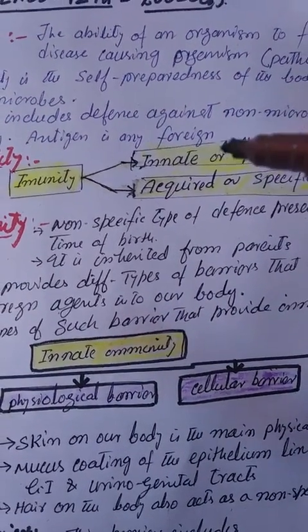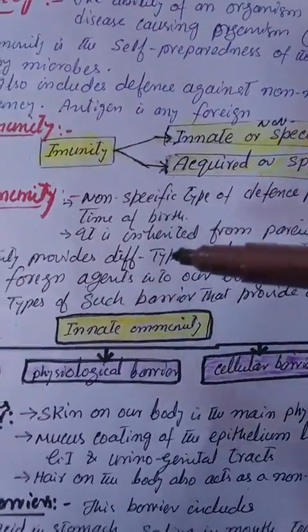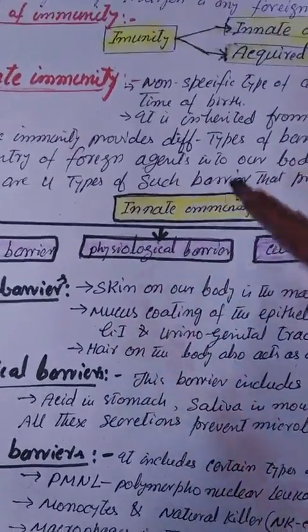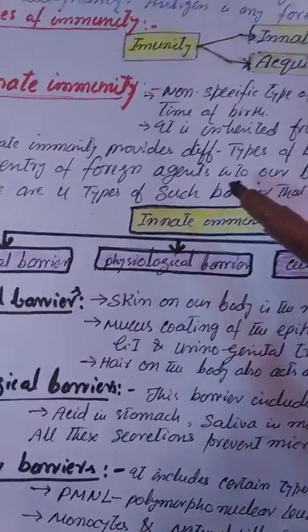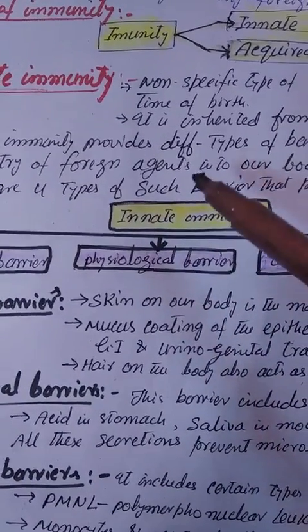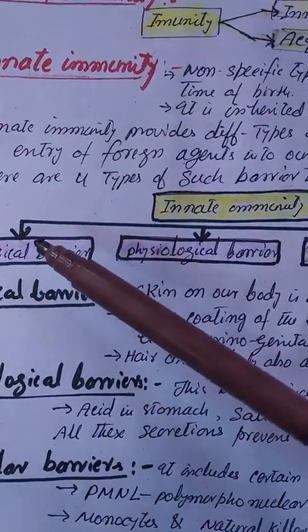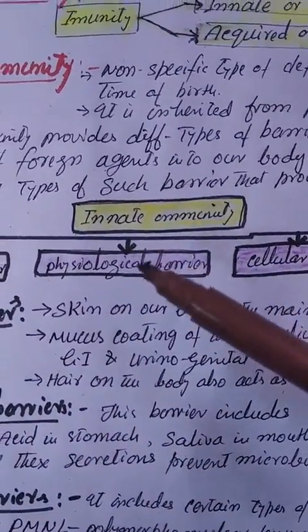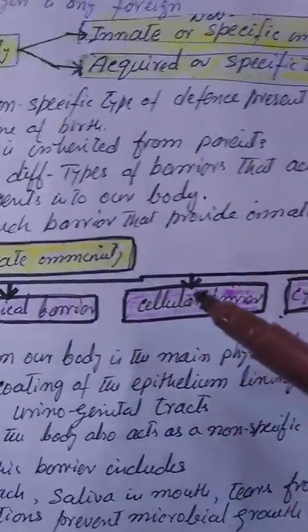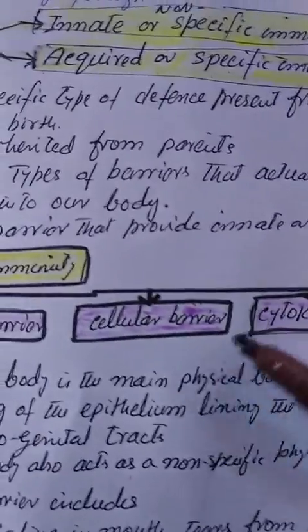And there are four main types of such barriers. As you can see in this sketch, innate immunity basically consists of four types of barriers. Number one is the physical barrier. Number two is the physiological barrier. Number three is the cellular barrier. And number four is the cytokine barrier.